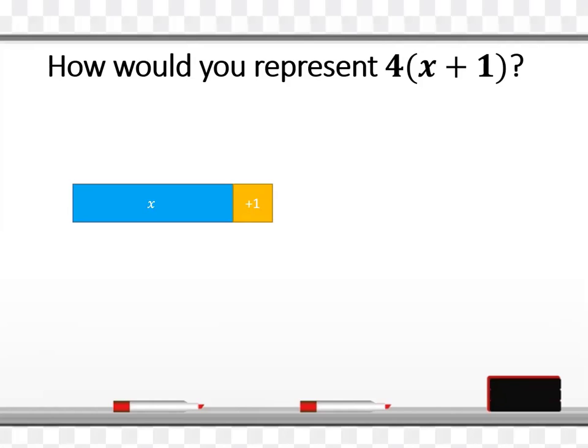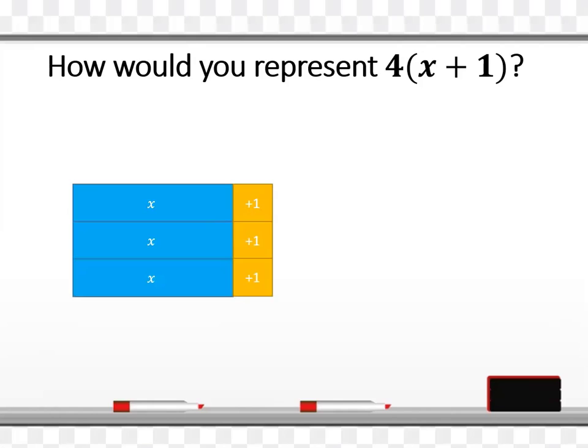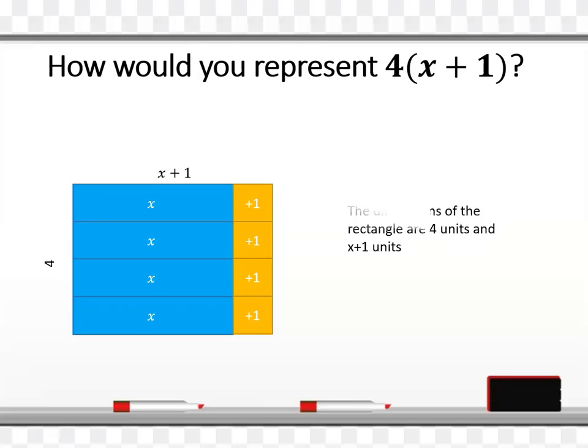And based on our knowledge of the meaning of the brackets, we can say that we need 4 of these joint x plus 1 tiles. So here's what the finished product looks like, where the dimensions of our rectangle are 4 units and x plus 1 units.